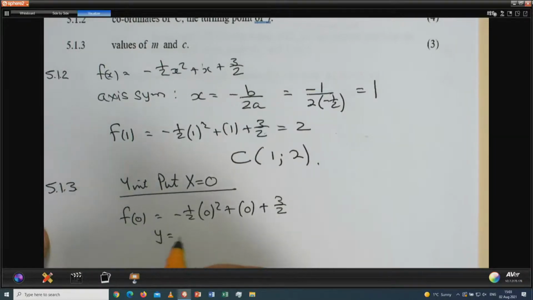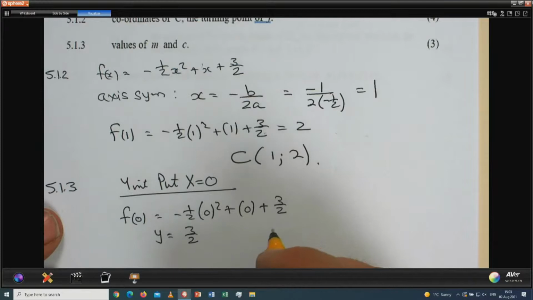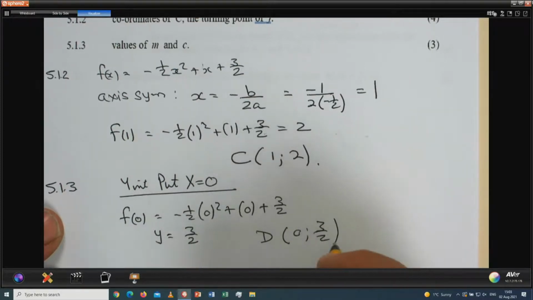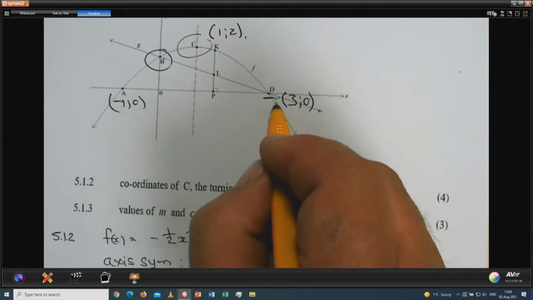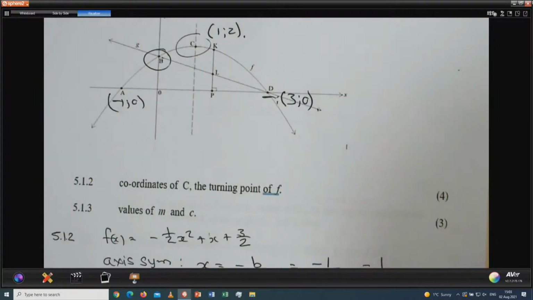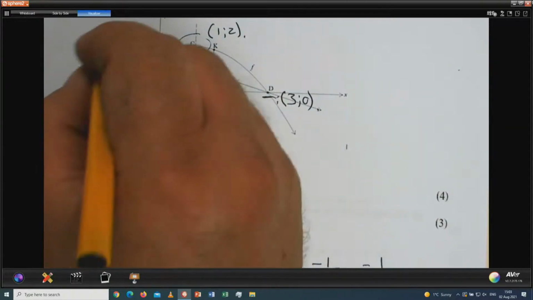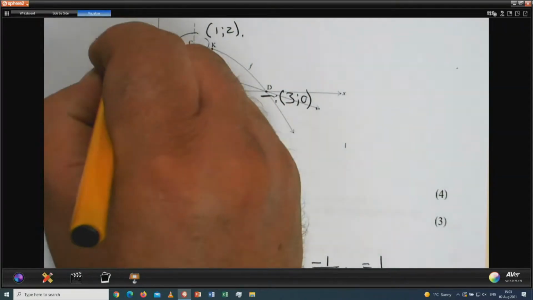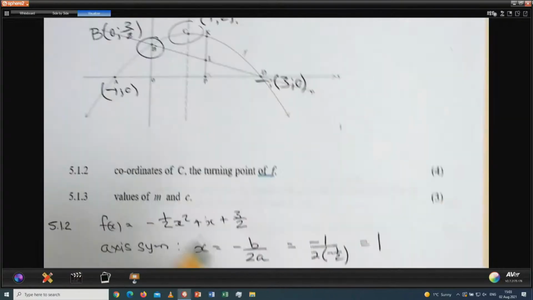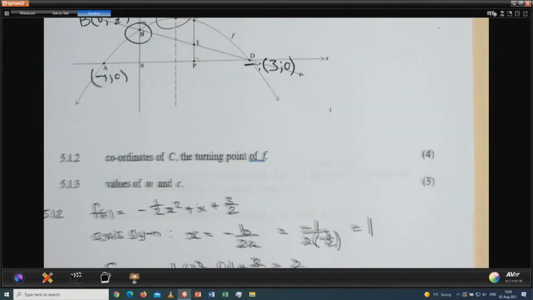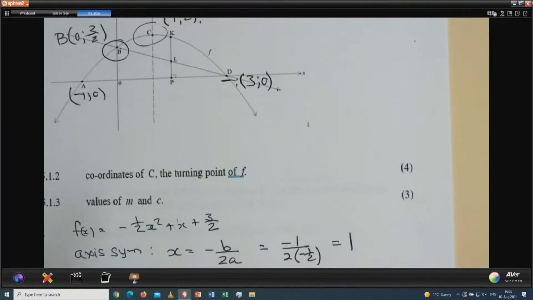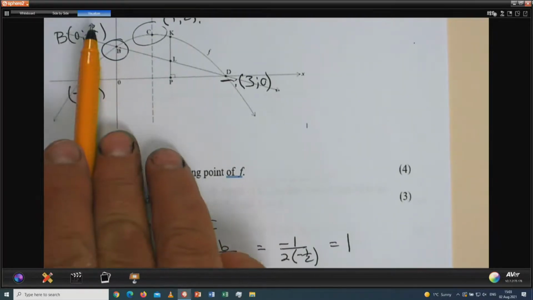So y is equal to 3 over 2. So the coordinates of B is 0, 3 over 2. So we've got D and we've got this point B, which is 0, 3 over 2. So we've got those 2 points. So now we can find the gradient. And your y-intercept here, the c value, is 3 over 2.